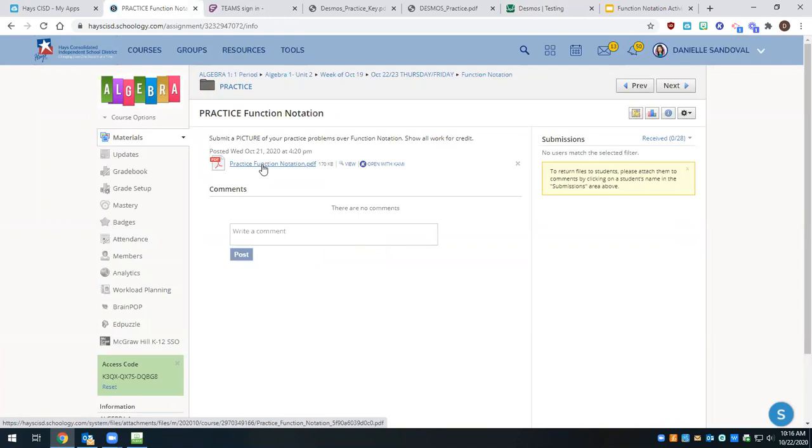My folks who are here, you have a decision to make about whether you want to do these by hand or in DESMOS. I want you to download the DESMOS app if you have not. And if you can't, or your phone's dead, or you have a laptop or something, I really want y'all using DESMOS, because the more I talk to the higher ups in the district, that's what they're pushing as the online calculator.